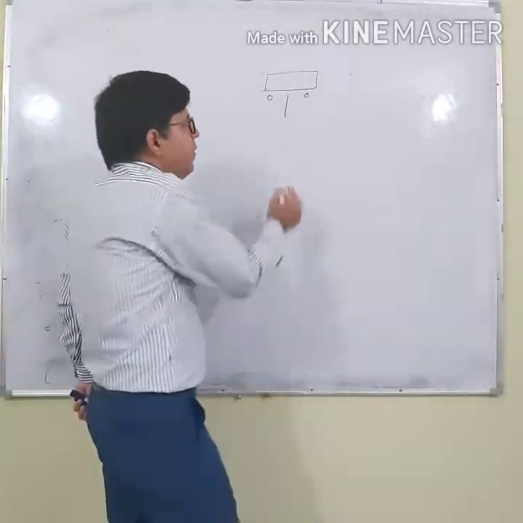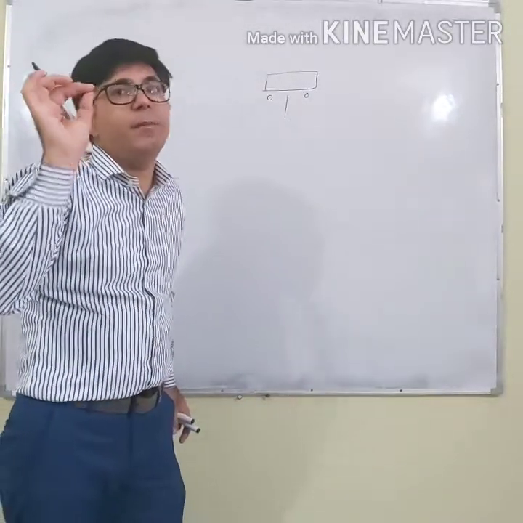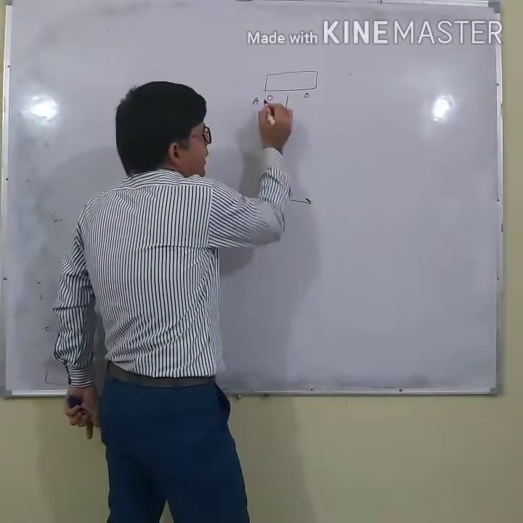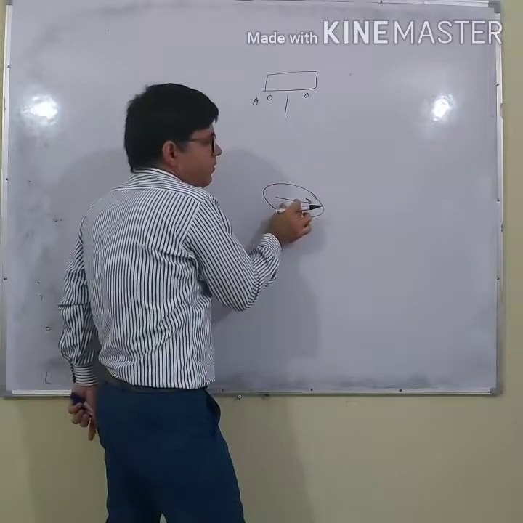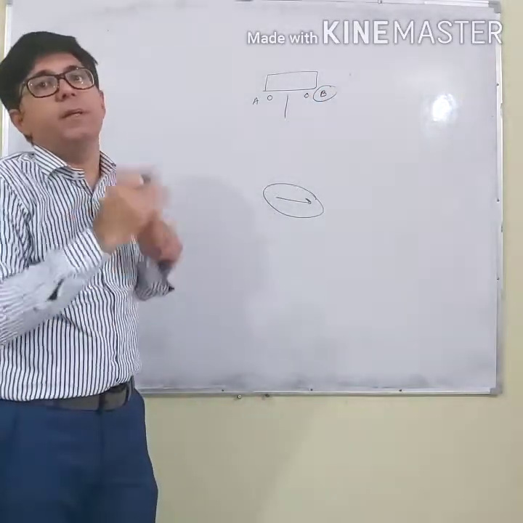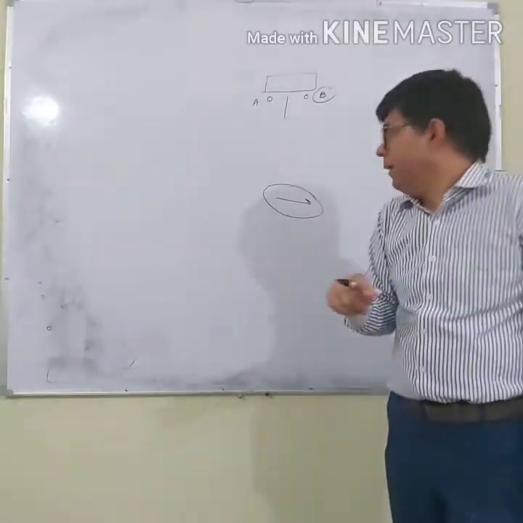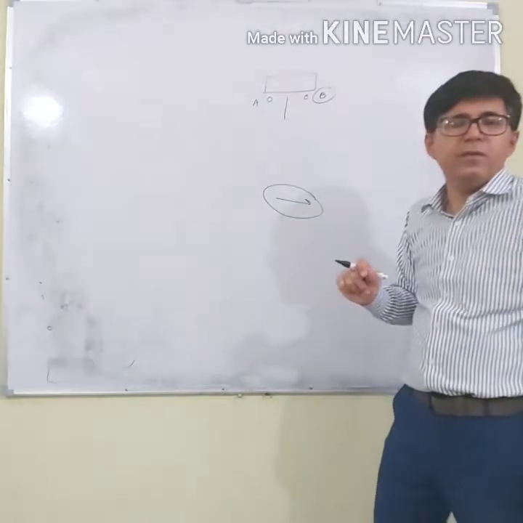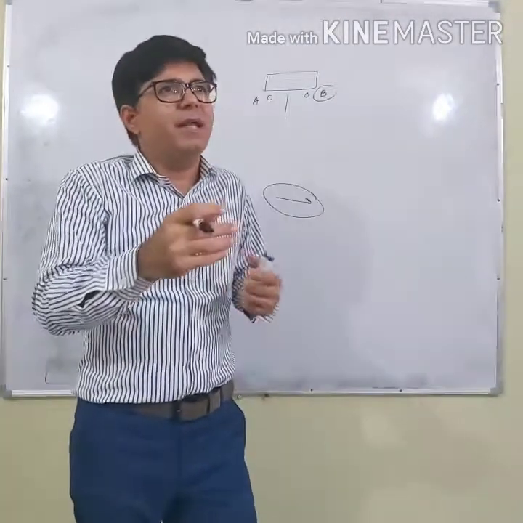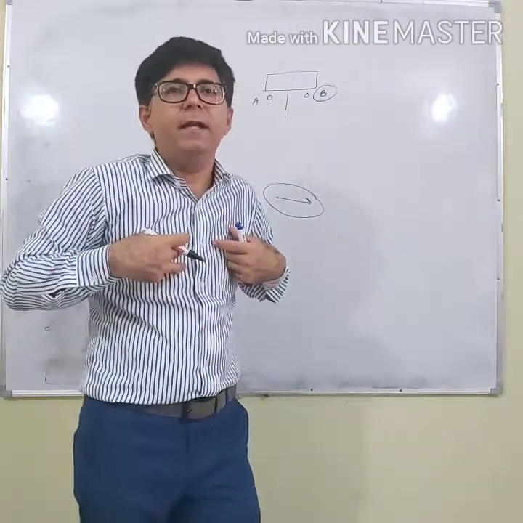So what happens? For each eye, a different image is formed. Let us say this is the object. Eye A forms some image, and eye B also forms some image. When these images are sent to the brain, the brain compares these images. On the basis of that, we can estimate the distance between that object and us, right?